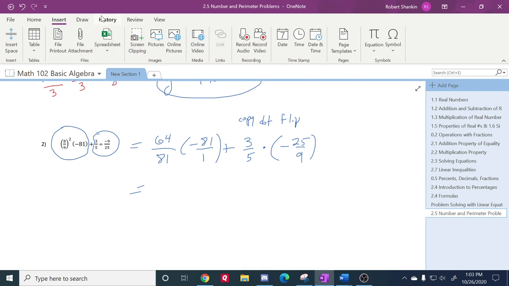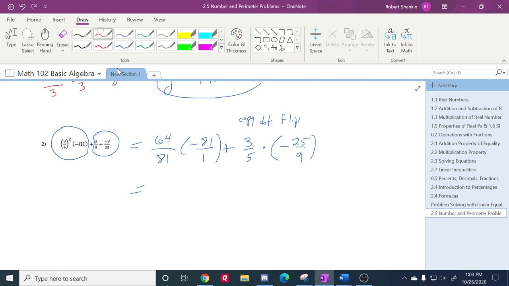And then, this, divide by 81, divide by 81. Positive times a negative, it's going to make this whole thing negative. And then over here, I can multiply the tops and I can multiply the bottoms, but I'd get huge numbers and then have to divide them, so it's just easier to reduce first.